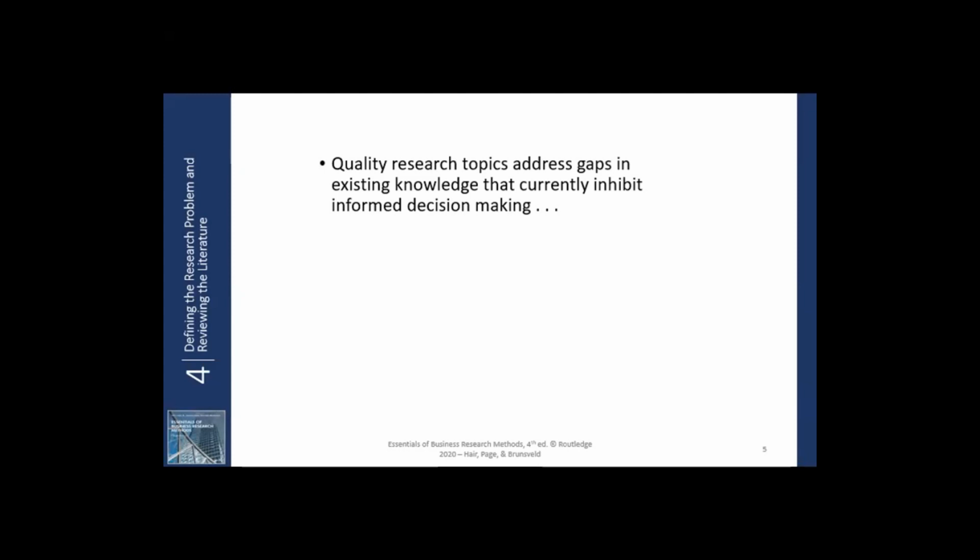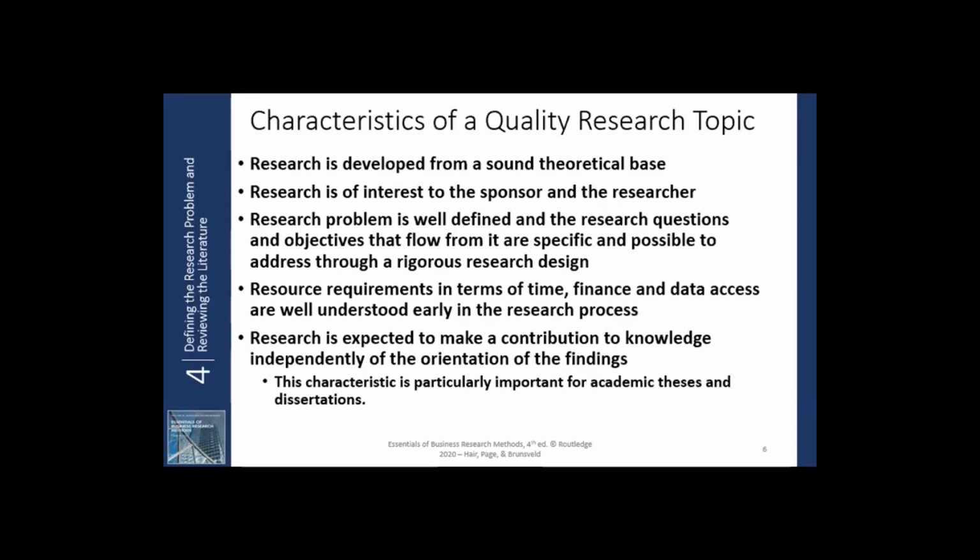So therefore, what are some of the qualities of a good research topic? Number one, we say that a good research topic is developed from a sound theoretical base. Remember, we talked about theory in our previous lectures.